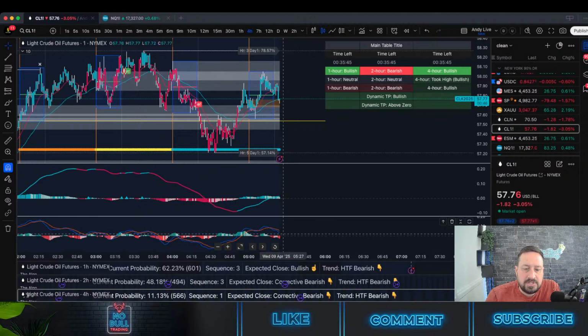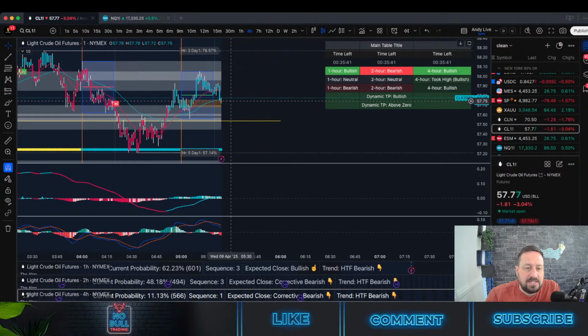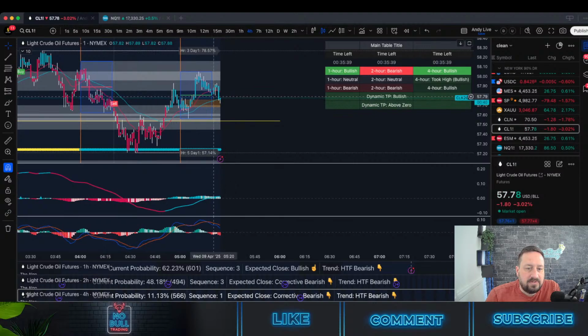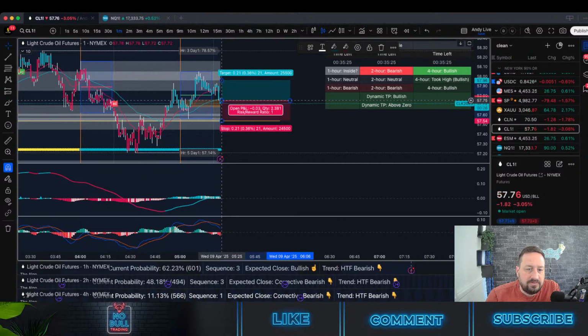But you can just see we're coming over. So what you would expect here is, obviously this is based on probability, right? So right now we've got a 62% probability of the hour closing bullish. The first 20 minutes we've closed above the 50%. So, you know, you've got good probability of that trade.